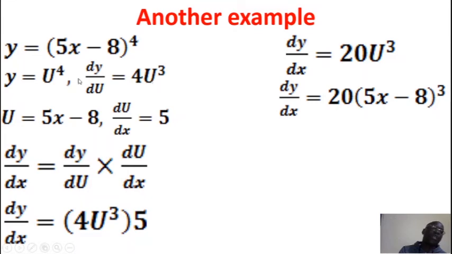But we have already taken u to be 5x minus 8. When we differentiate this, we can simply get 5. Upon multiplication, we multiply this by this to get 20u raised to power 3. What is u? U is 5x minus 8. So return it at the end to get that dy/dx is equal to 20 into (5x minus 8) raised to power 3.